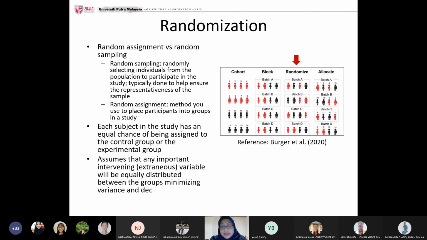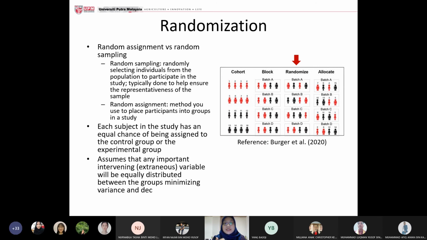So what is randomization? When people say randomization in experimental studies, it means random assignment. It might be a little bit confusing with random sampling. In random sampling, you randomly select individuals or samples from the population to participate in the study.